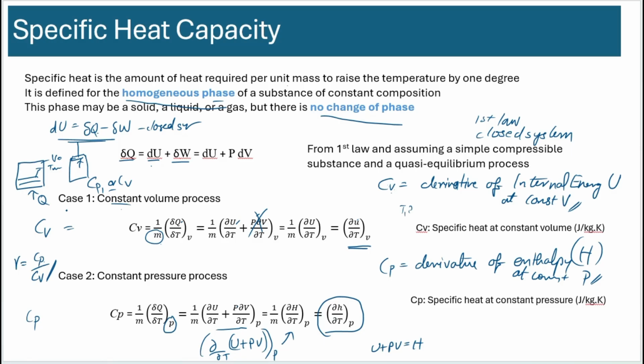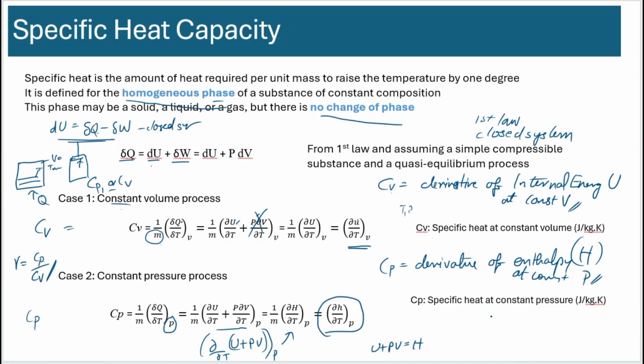Depending on which scenario you're talking about, your temperature rise will be different, and it will be more for a constant volume process. For the same Q, you will have a larger temperature rise if you're heating at constant volume, and a smaller temperature rise at constant pressure.